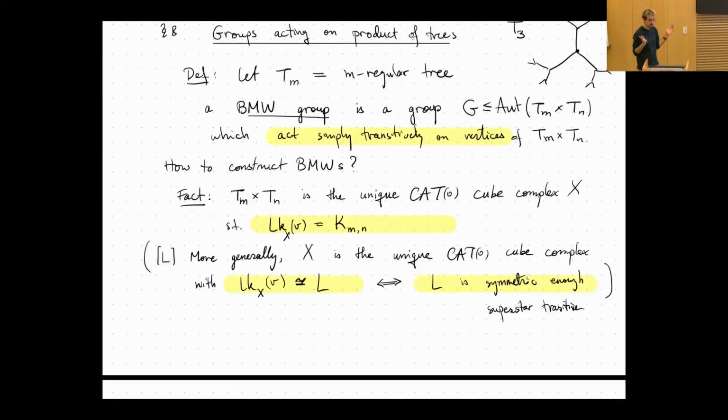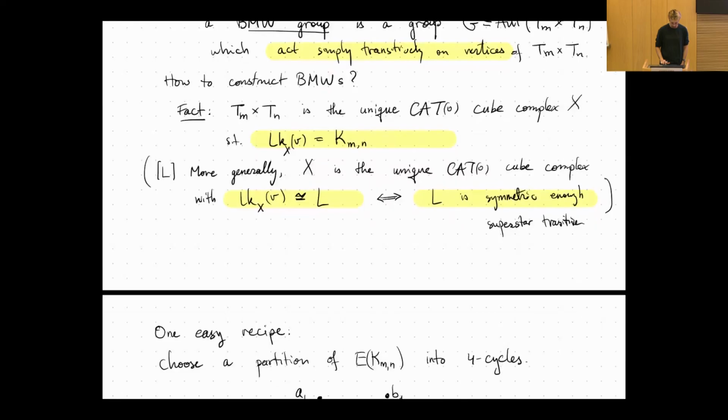And once we achieve that, we know that the universal cover, or the complex that we had to quotient by the group, is in fact the product of two trees. It's a local condition and one needs to check, and you get this global condition.